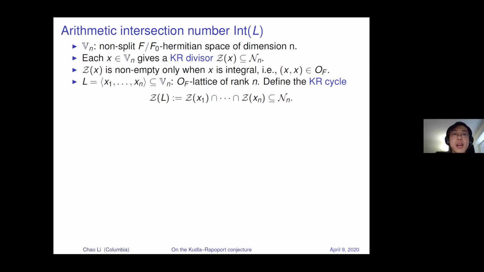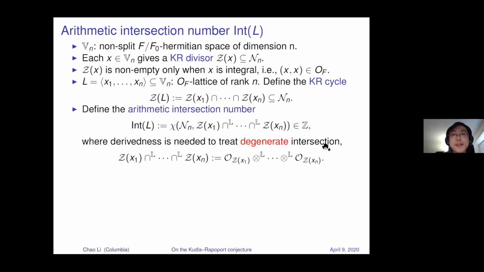Now I can take n divisors. Let's take an O_F-lattice of rank n with basis x1 through xn. I'm going to define the Kudla-Rapoport cycle simply by intersecting the n divisors associated to the basis. In general, this intersection will not be non-degenerate. It probably has higher dimension than you expected.